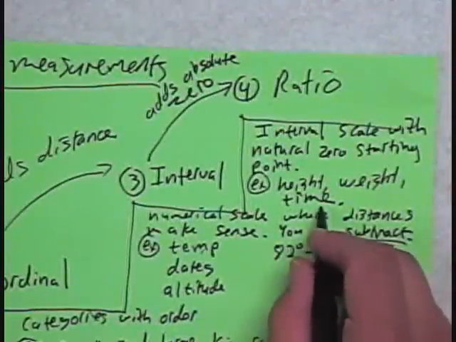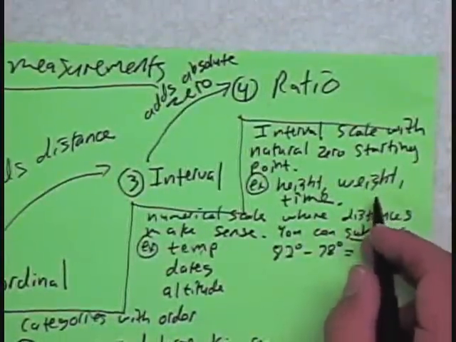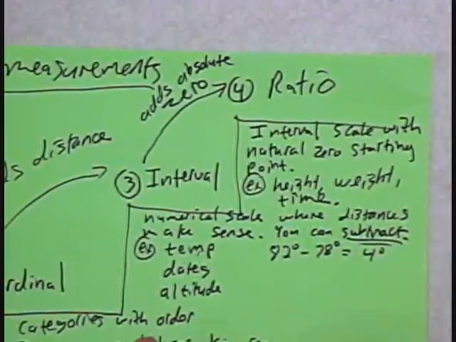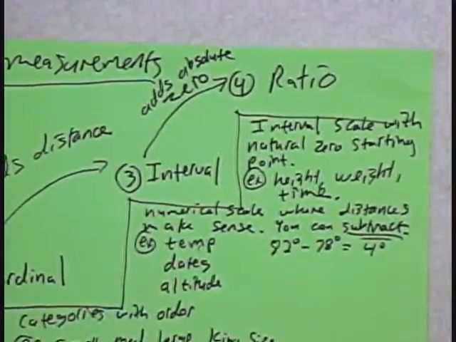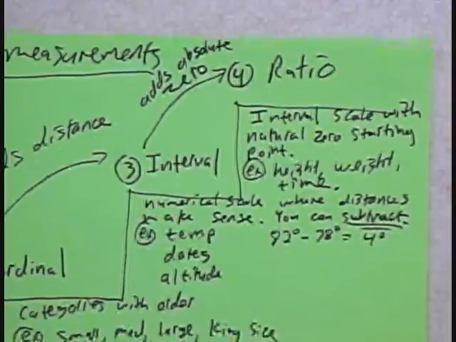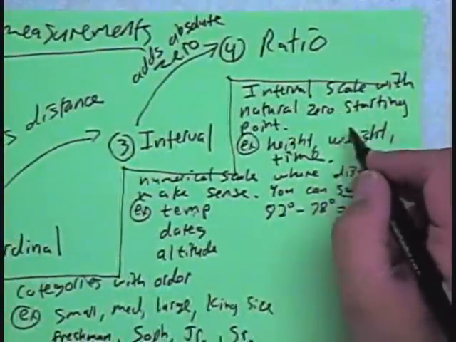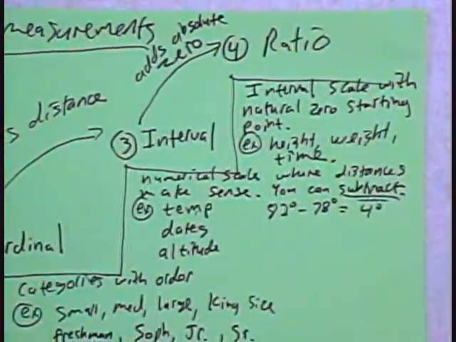Your weight, 0 pounds would be a natural 0. Of course, I'm going to weigh a certain amount, but 0 is a natural 0 starting point for that scale of how much something weighs. So these are arbitrarily chosen zero starting points, and these are natural zero starting points.